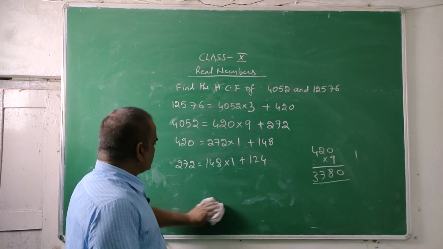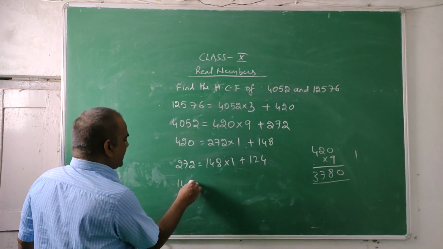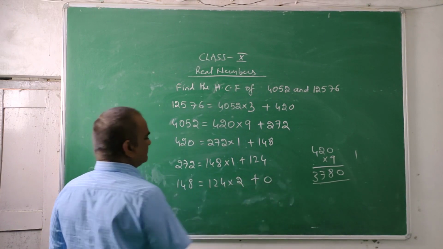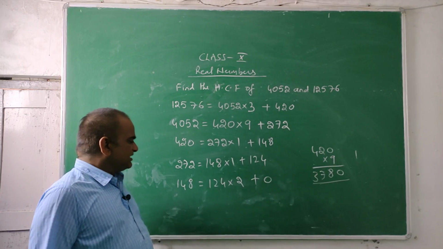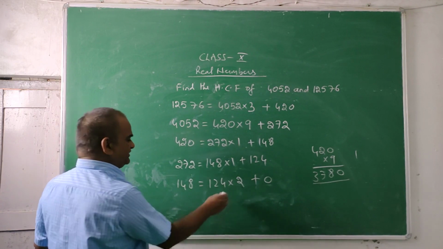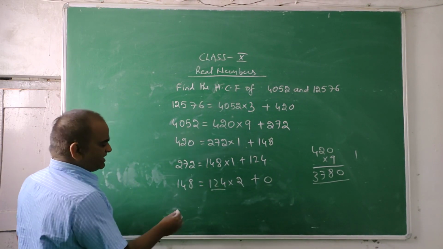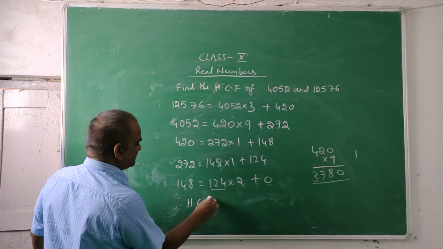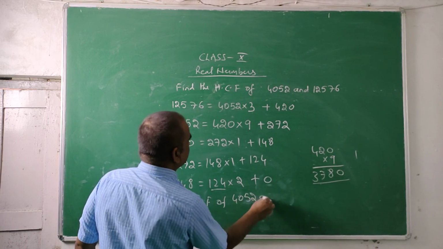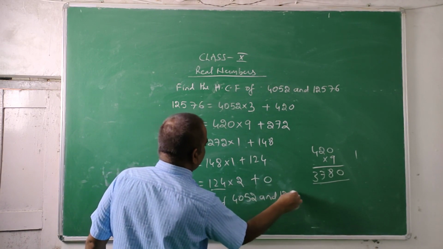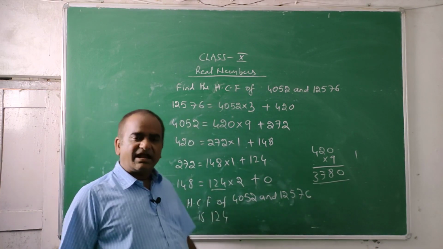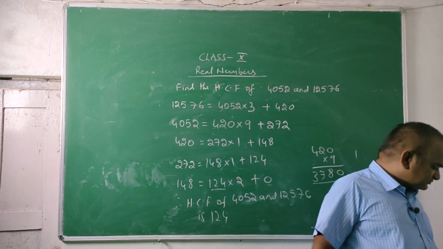So now 148 is equal to 124 into 2 plus 0, right? So in this step you got the remainder 0. So in this step the divisor would be the HCF. Therefore the HCF of 4052 and 12,576 is 124. Did you understand?